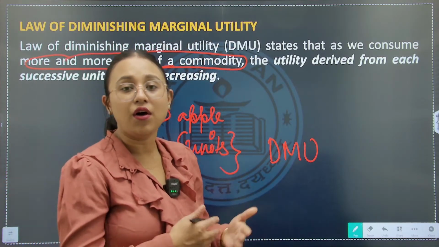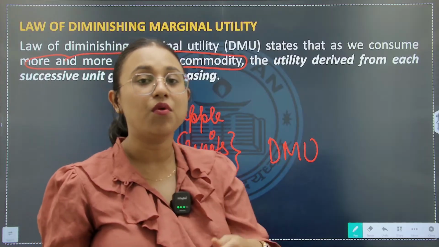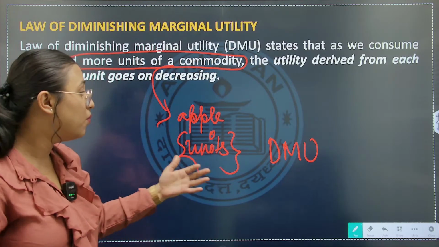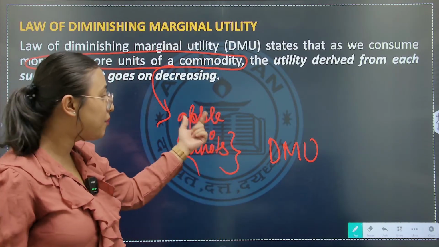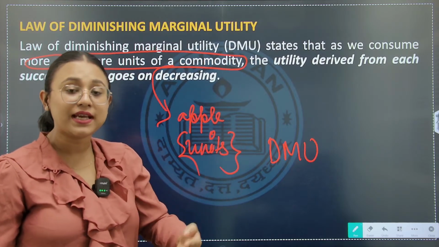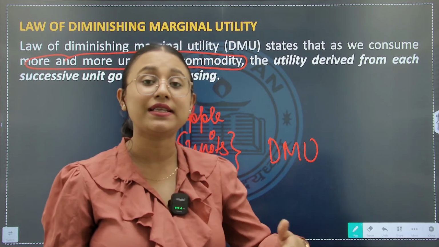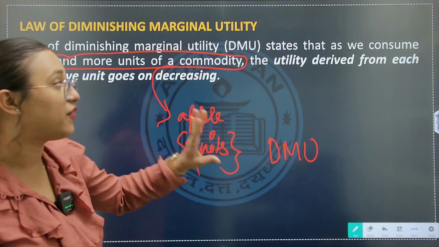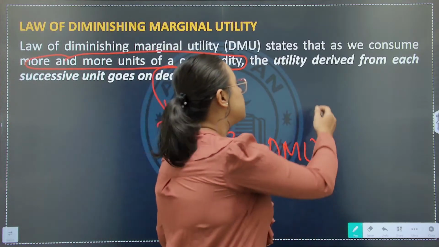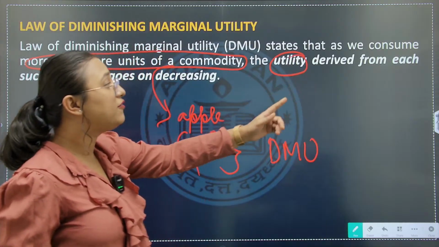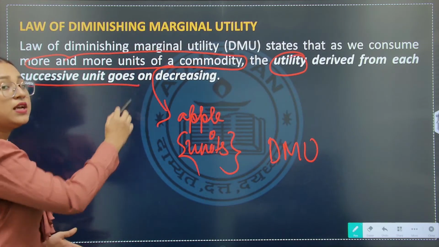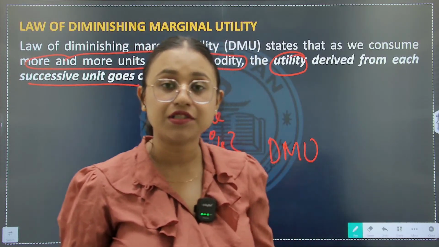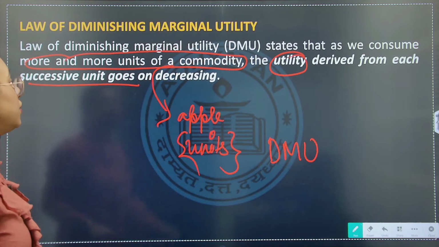The law of DMU states that as we consume more and more units of a commodity, the utility, the satisfaction derived from each successive unit, that is the additional utility we get from consumption of an extra unit of a commodity, goes on decreasing.